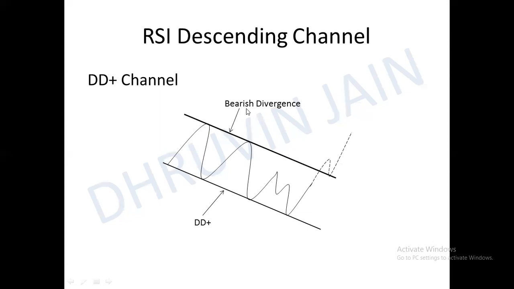The descending channel would occur in an uptrend. How would it shape up? I'll show you. It would shape up something like this. It will be made of a bearish divergence. Price is making higher highs, swing highs, whereas the RSI is making lower highs.